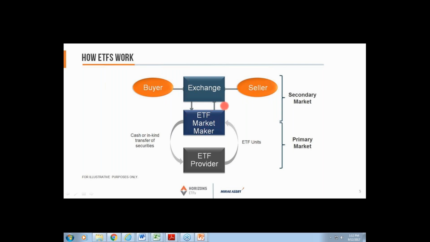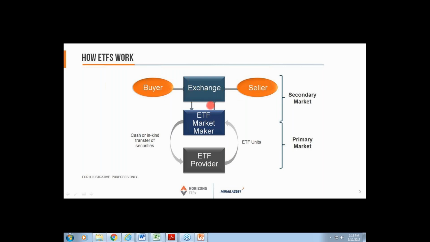To use a sort of pedantic example, this would be like eBay, right? In terms of buying and selling from each other, as opposed to buying and selling directly from a mutual fund company. And so the ETF provider, if it needs to create new units, will build those units with the market makers who will purchase them and then go into the exchange and sell them.